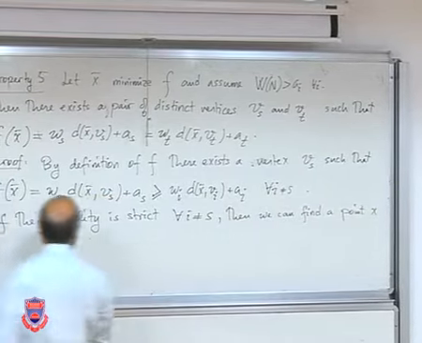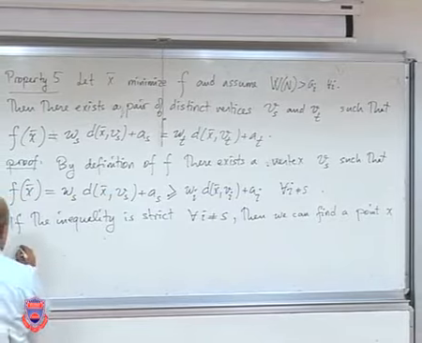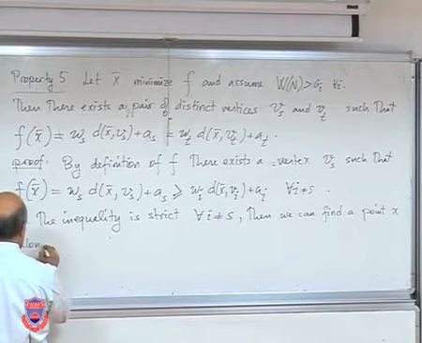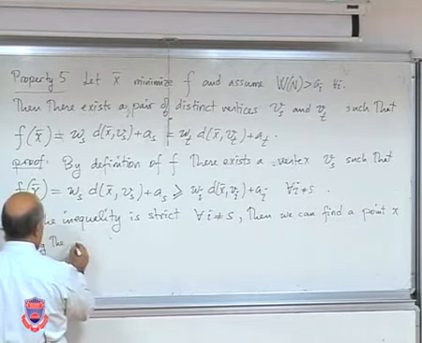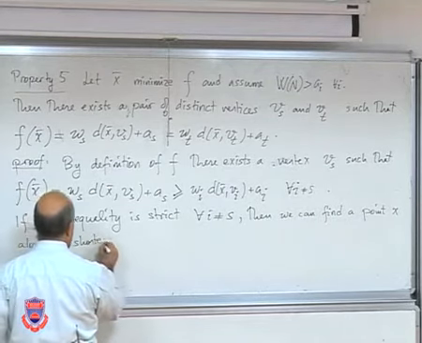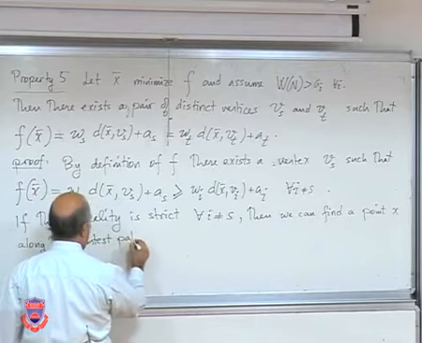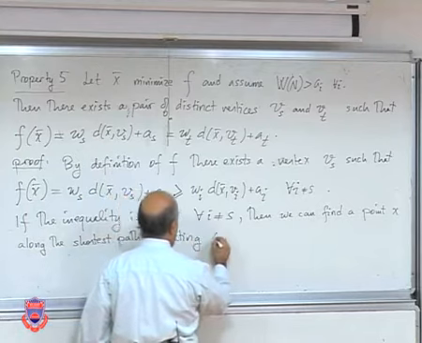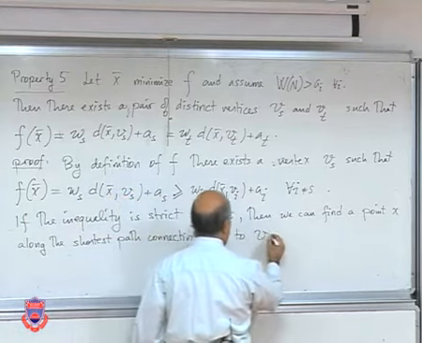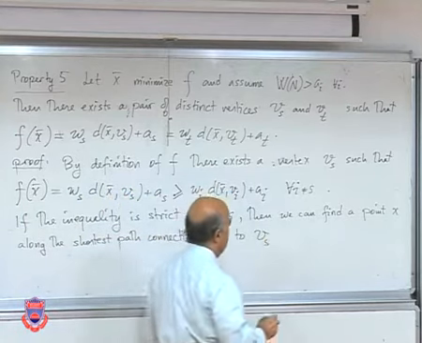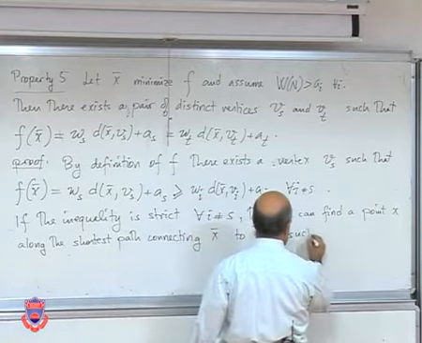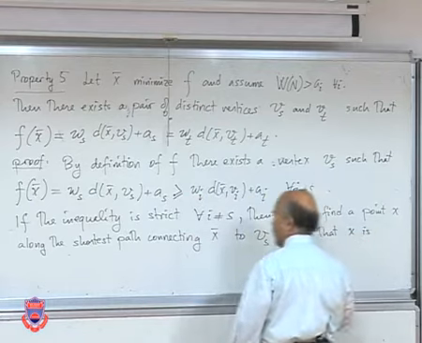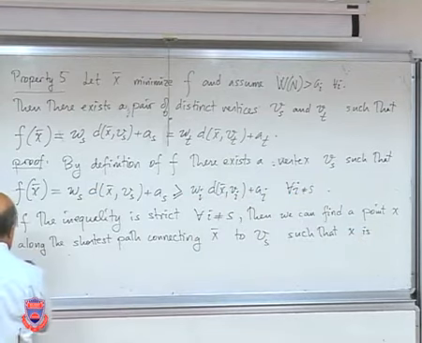So then we can find a point x along the shortest path connecting x bar to Vs such that x is closer.